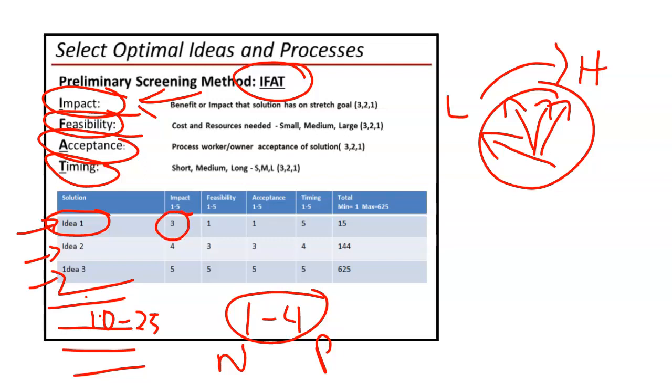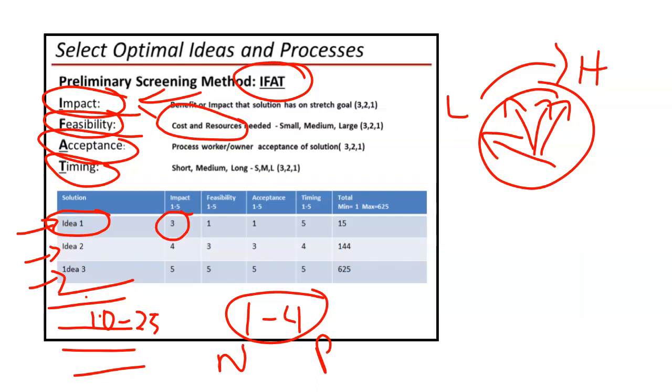The next attribute that we'll be taking a look at in solution determination is feasibility. And feasibility is all about the cost and time needed to implement that solution. Is this something that would only require a weekend of effort by 2 of your maintenance professionals at a cost of a couple hundred dollars?